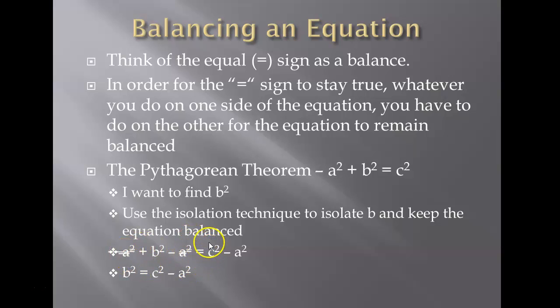But in order for this equal sign to stay true, for the equation to remain balanced, since I subtracted a squared from this side, I have to subtract a squared from this side. Whatever I do on this side, I have to do exactly the same thing on this side. So I subtract a squared from this side, and it gives me the answer of b squared, it's now by itself, c squared minus a squared.